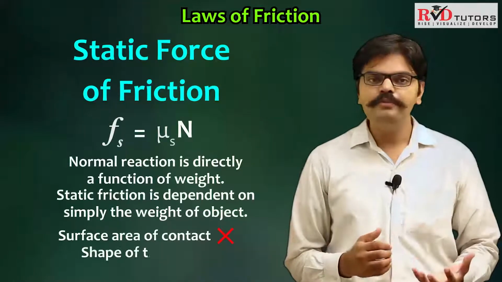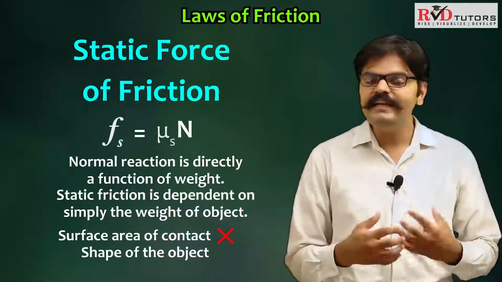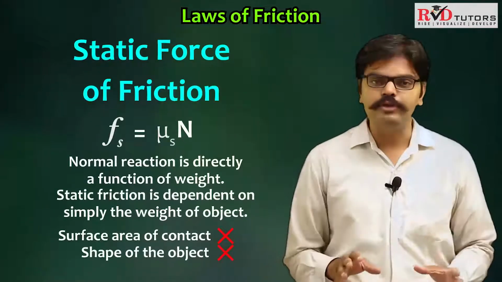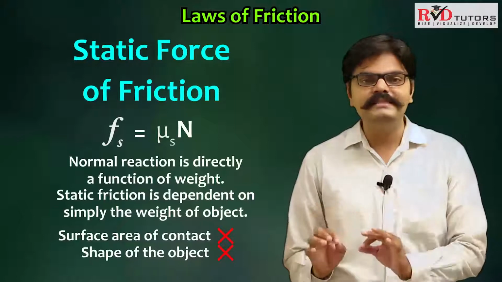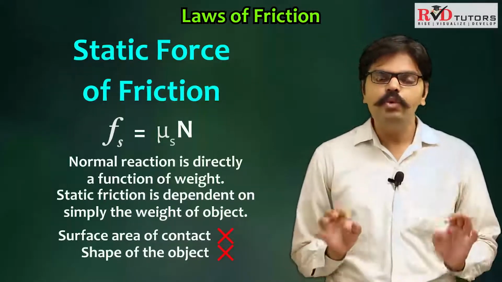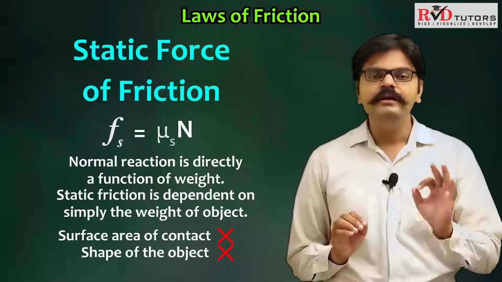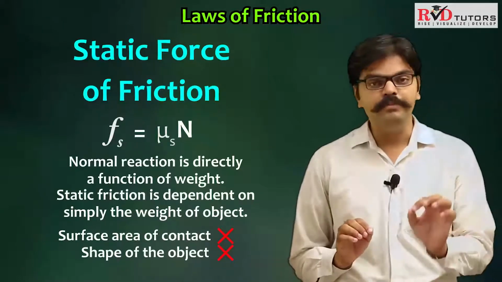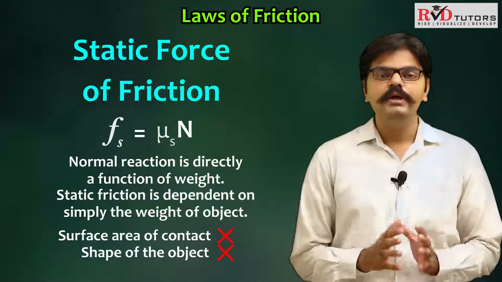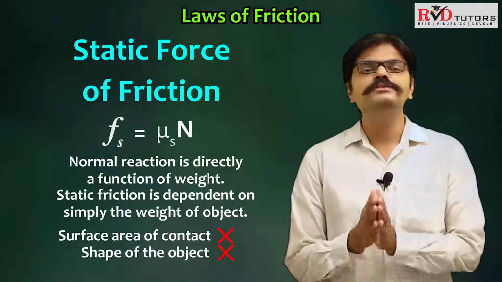What is the shape of that object which is generating frictional force absolutely does not matter. As long as normal reaction is the same, none of these things matter. Only that object's weight or its normal reaction and the coefficient of static friction, that means mu s, these two things will govern how much frictional force is going to be there.